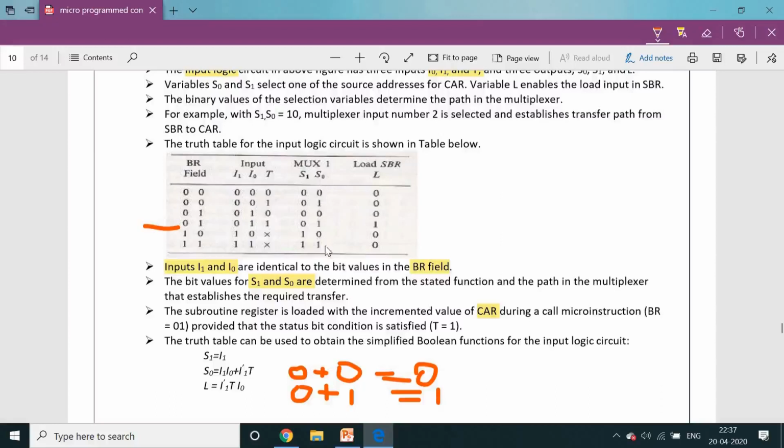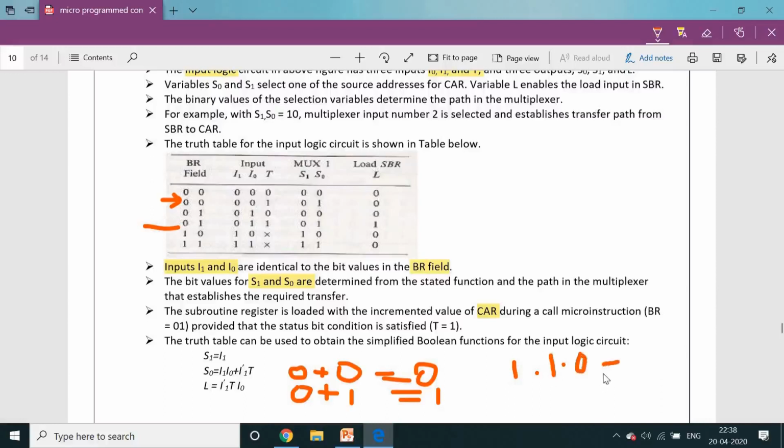Like this, we calculate these bits. For the L bits, the AND operation is performed on 3 inputs at a time, that means I1 bar, and so on. Let us see a small example, the second one. First, I1 bar means 0 complemented, 1. T is equal to 1. The second input I0 is 0.